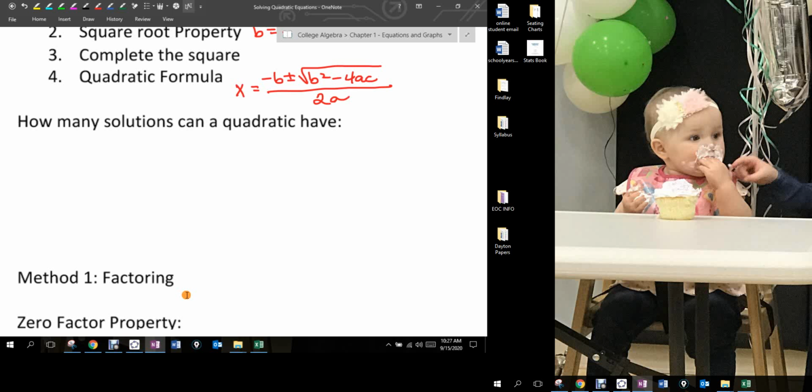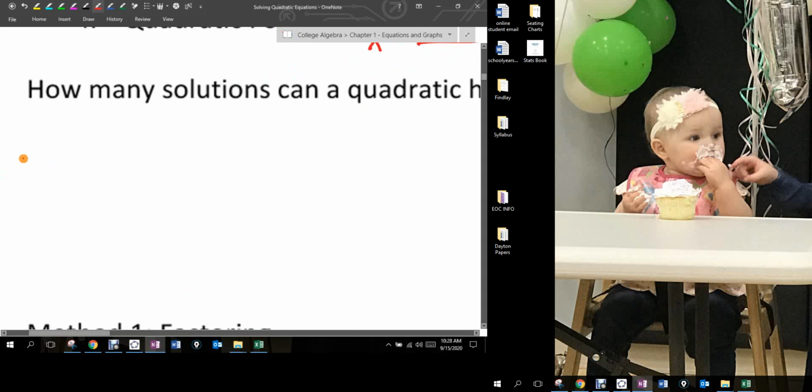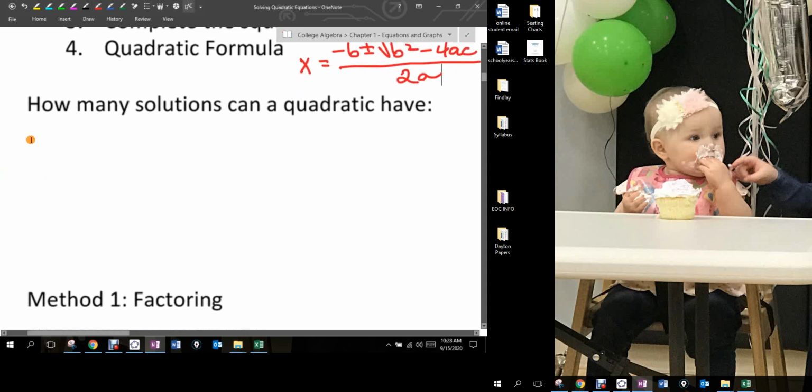All right. How many solutions can a quadratic equation have? Let's talk about this. What is the image of a quadratic? If I were to graph it, what do we call it? Parabola. Okay, so we call it a parabola. And when we talk about our parabola, we've got a couple different ways that they can be orientated. So I'm going to start with ax squared plus bx plus c equals 0.